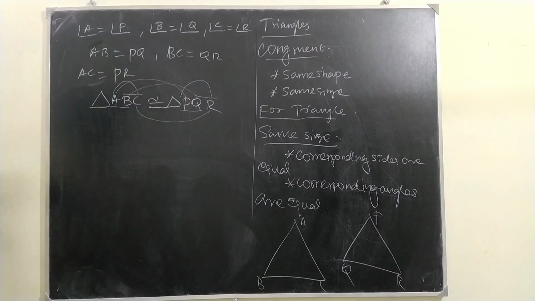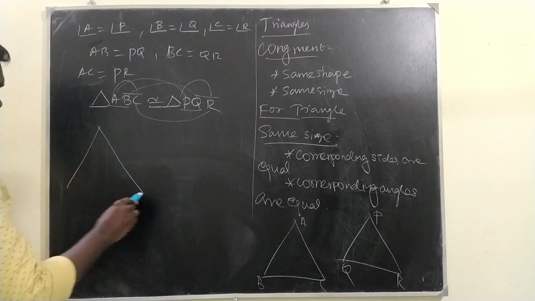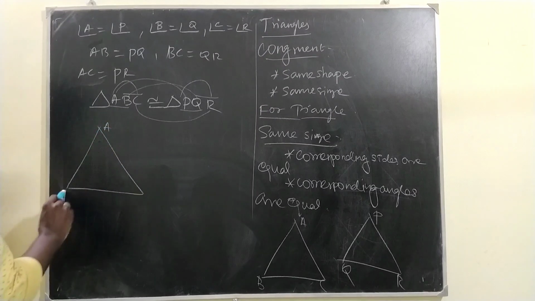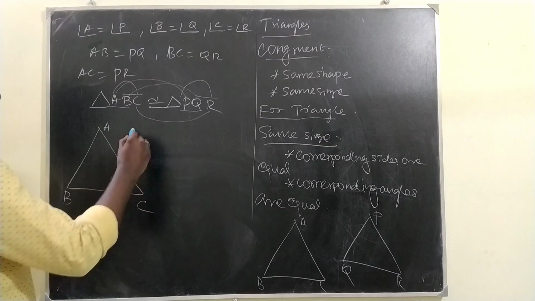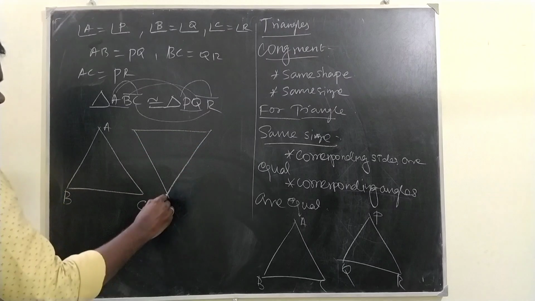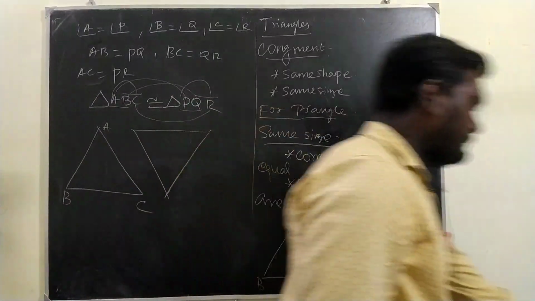Now, take these examples, triangles ABC and PQR.